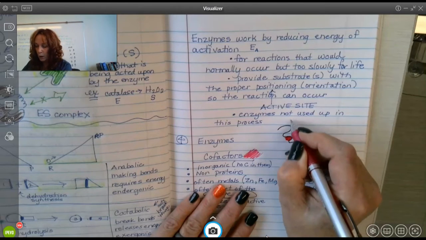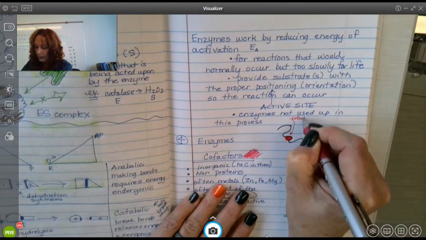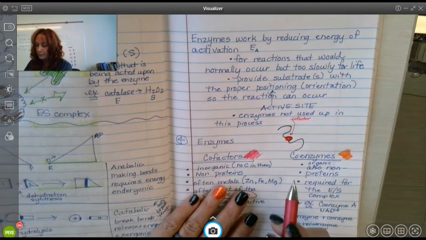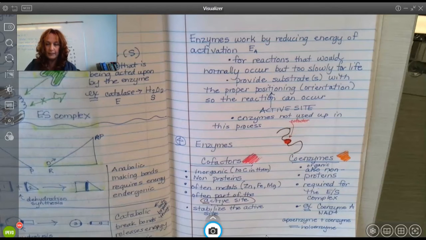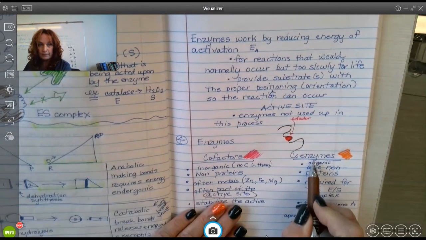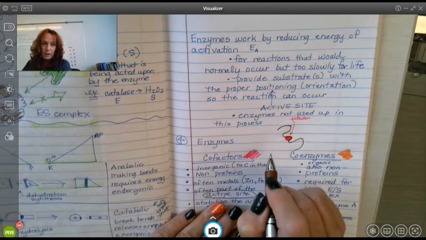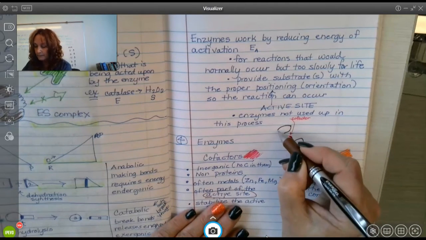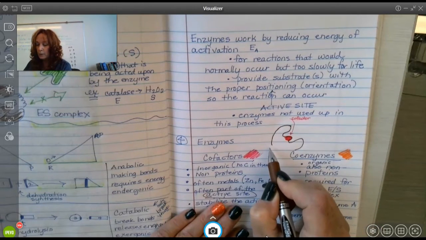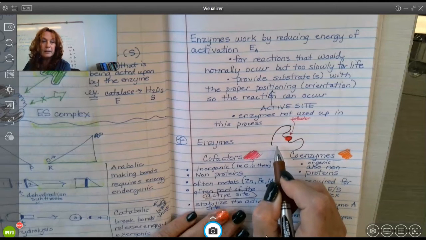And I can draw here that this is the cofactor, stabilizing that active site. Then for the enzyme, it's going to need to have a coenzyme with it, which I decided I was going to do is some kind of part that's added on. And I'm going to include another place on this enzyme, another location.